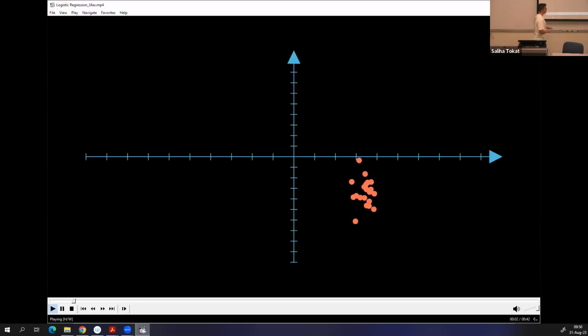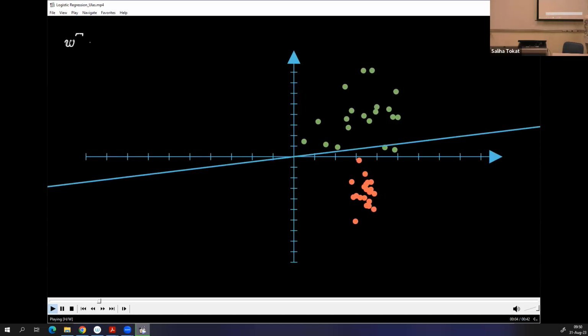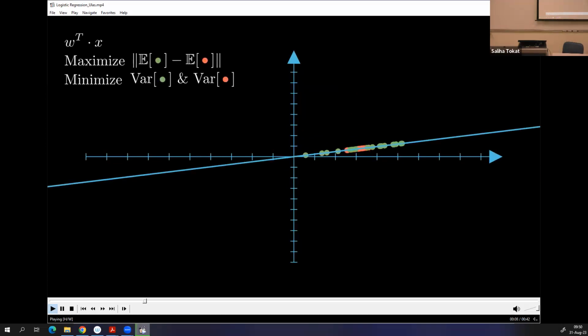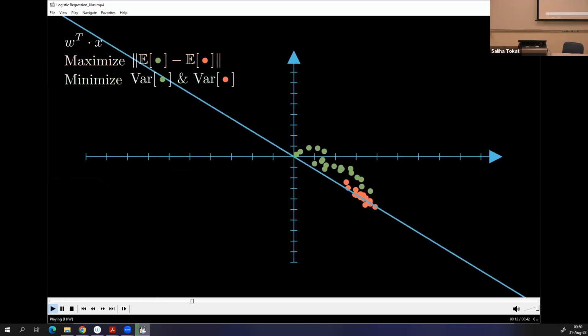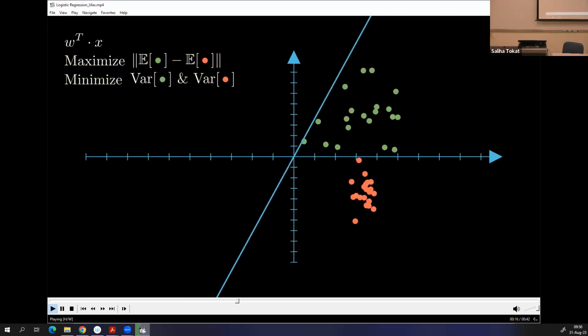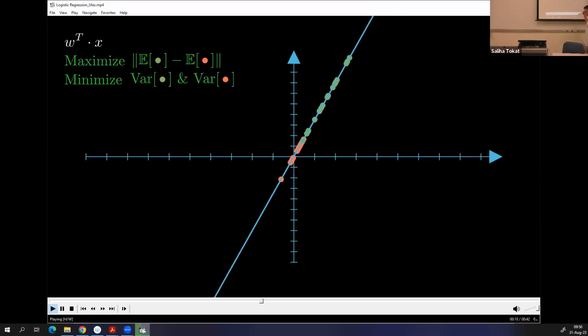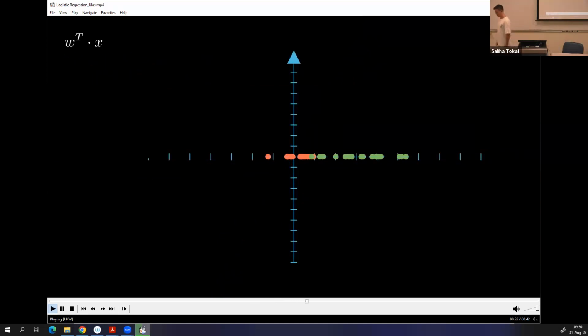So in this video, we use principal component analysis at first. We are trying to find the direction which maximizes the distinctions. So we find the direction. Now we will use logistic regression.